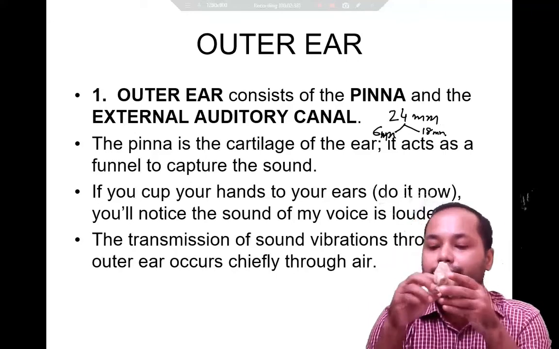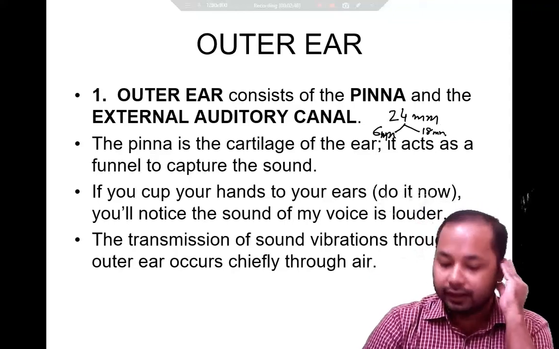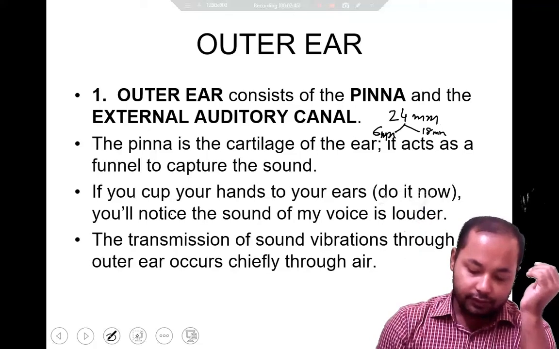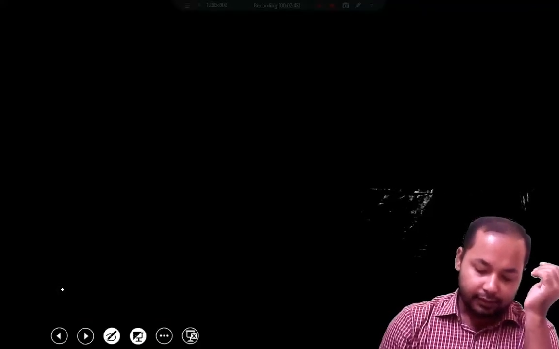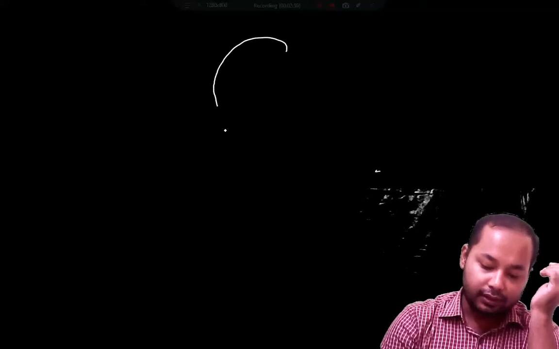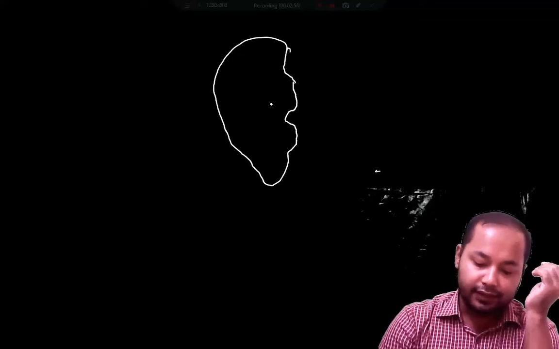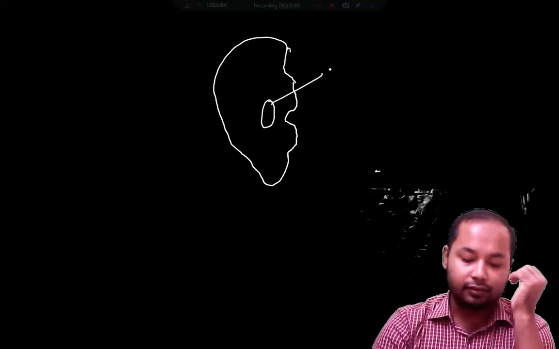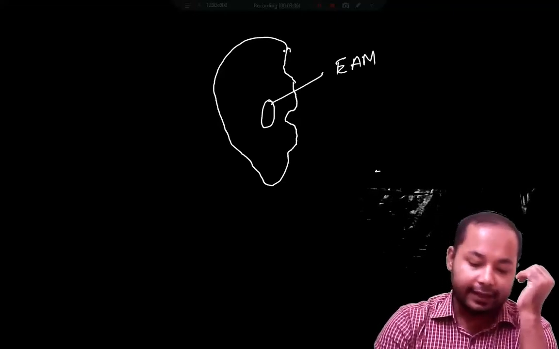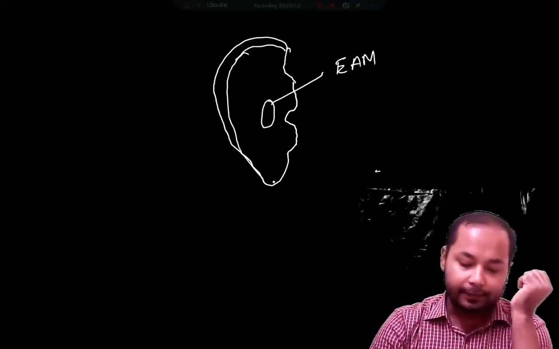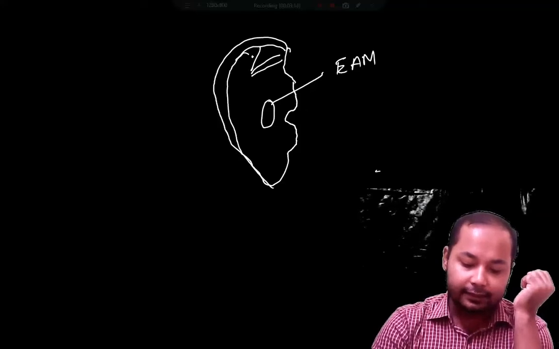Okay. Of course, you have got a pinna. In the pinna, you have this opening of the external auditory meatus. Now you have got the helix, the outermost lining. Then you have got an antihelix.